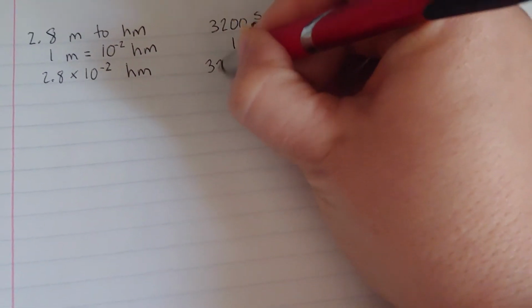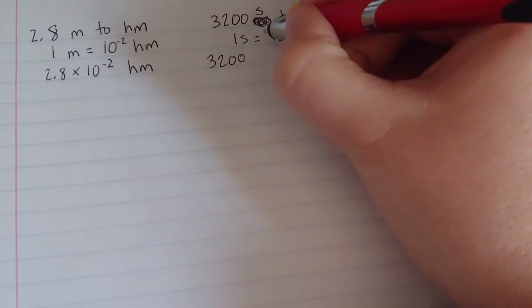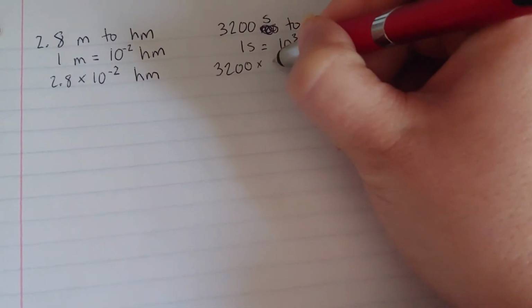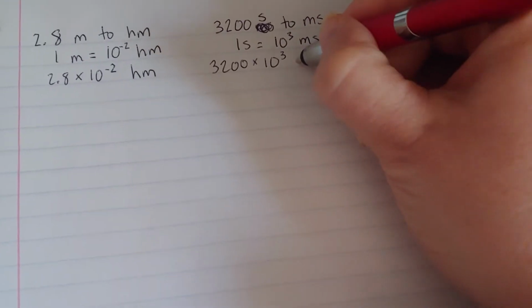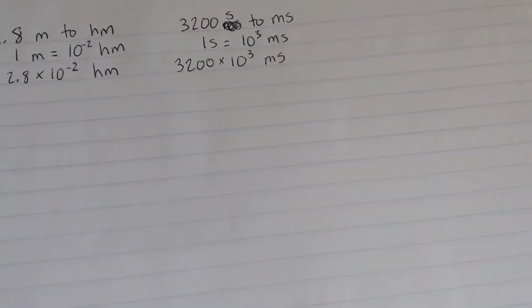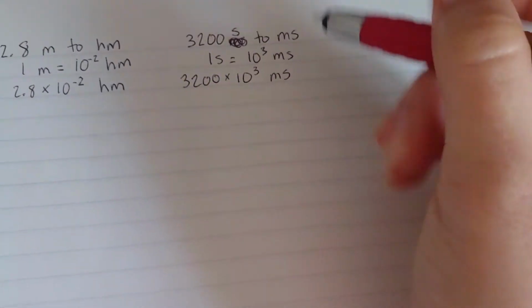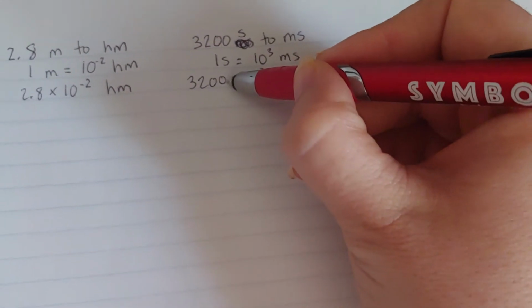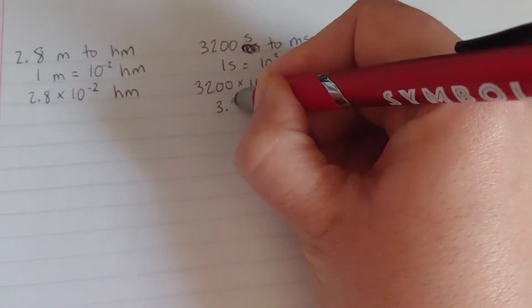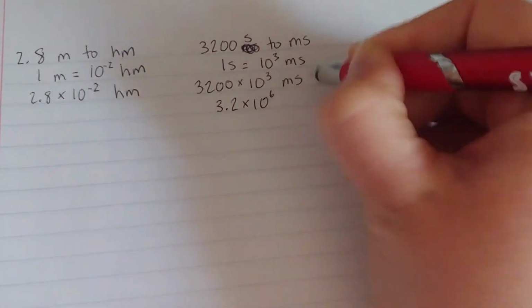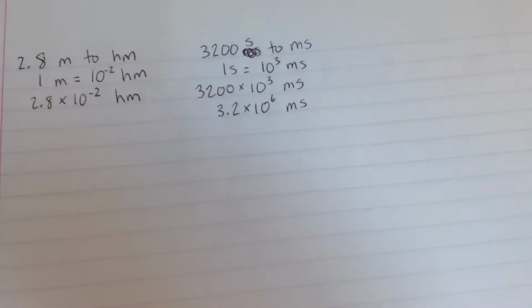So I'm going to do 3,200 times 10 to the third milliseconds. If I want to make that a little neater, I need to move that decimal place 1, 2, 3 more places and make it 3.2 times 10 to the 6th milliseconds.